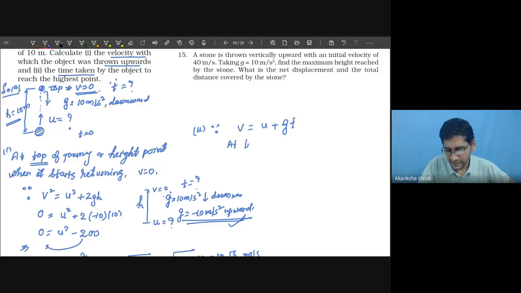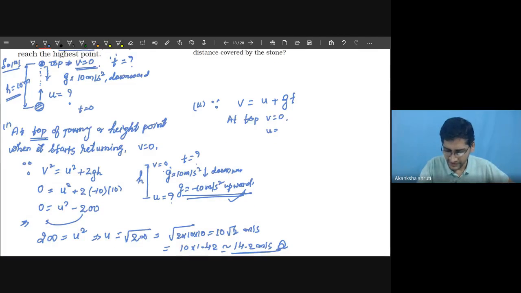At the top, v is equal to 0, but u we have just calculated. It is 14.2 meter per second. It is calculated. This we need to use here.